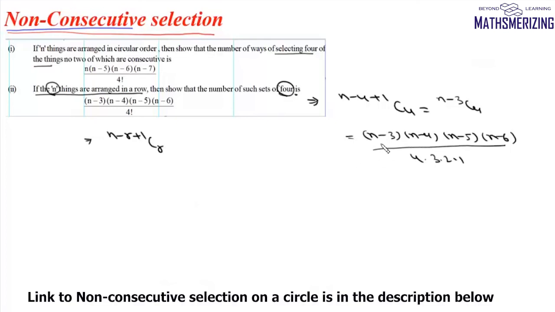So that should be n minus 3, n minus 4, n minus 5, n minus 6 upon factorial 4. So the total number of ways of selecting 4 objects from n things which are arranged in a row so that no two of which are consecutive is n minus 3, n minus 4, n minus 5, n minus 6 divided by factorial 4.